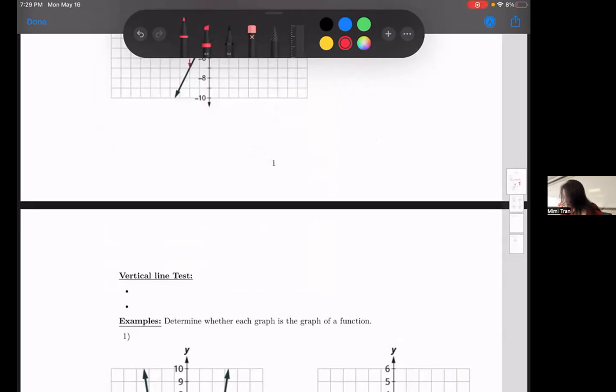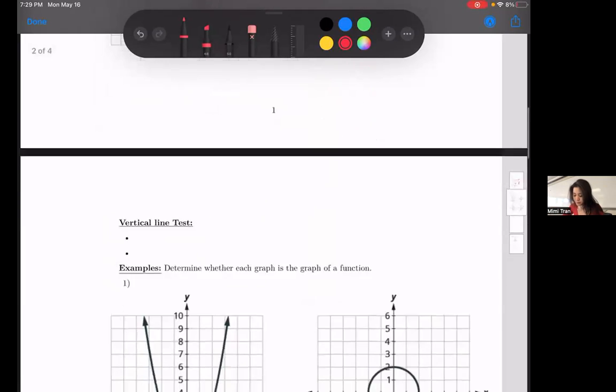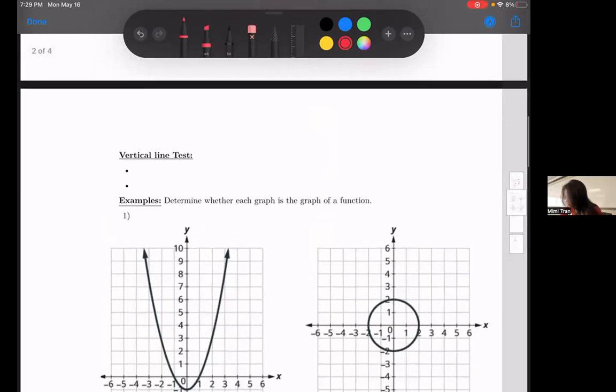I say the VLT, short for vertical line test: if the vertical line test cuts the graph at most once, right? At most once. Then the relation is a function. Then it is a function.